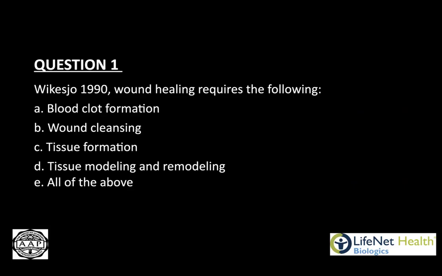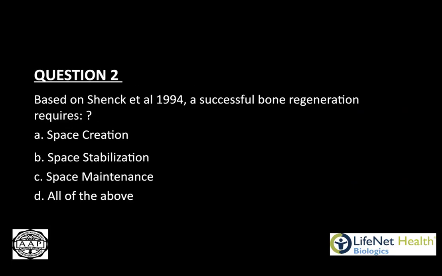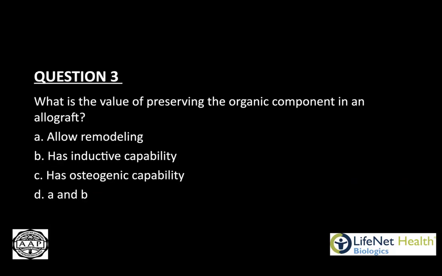Answer is all of the above. Question two, based on Schenk et al. 1994, a successful bone regeneration requires space creation, space stabilization, space maintenance. The answer is all of the above.